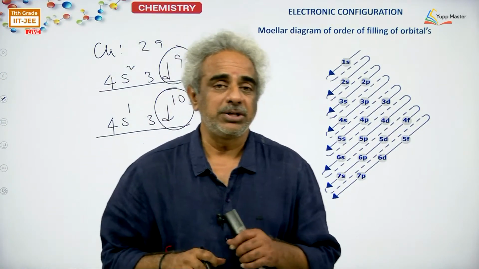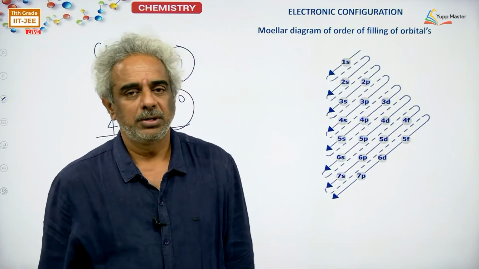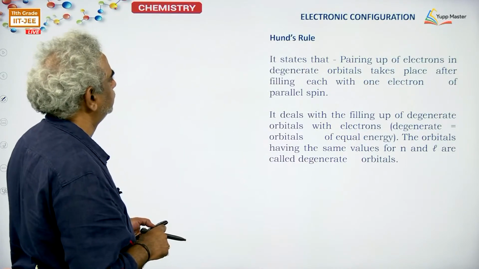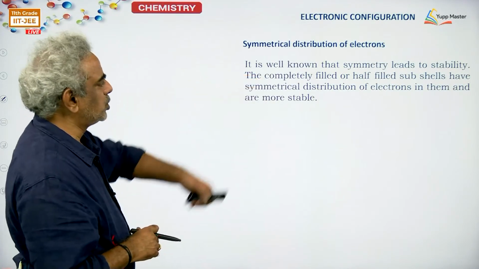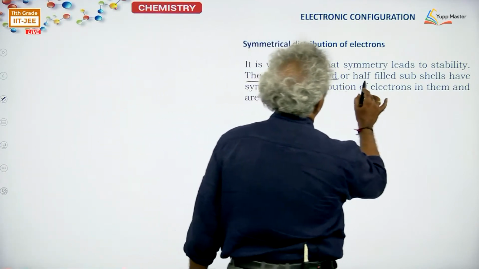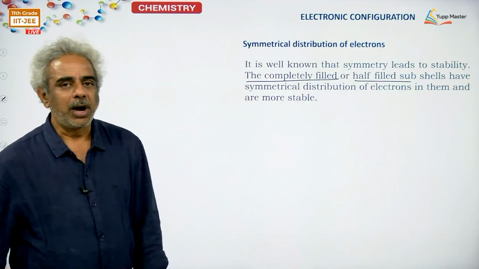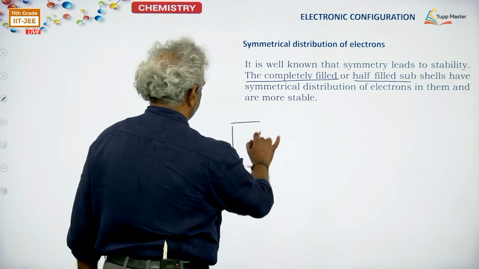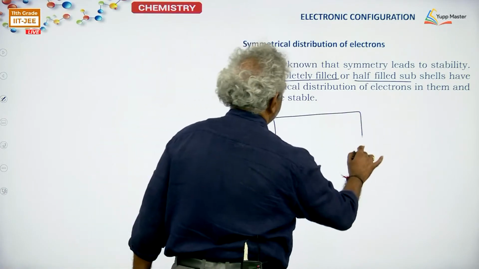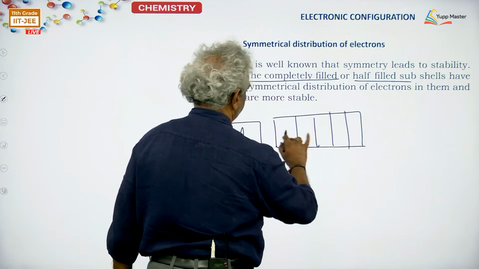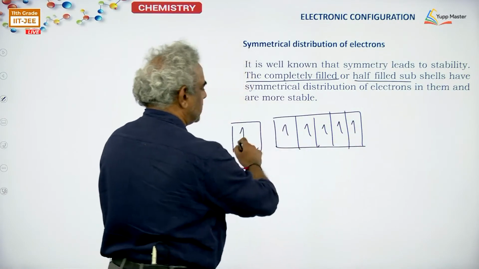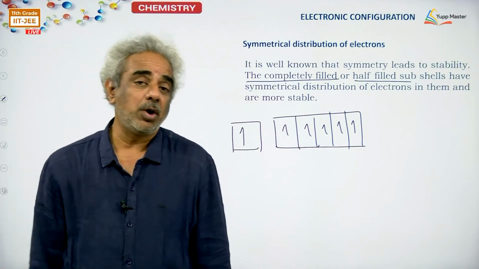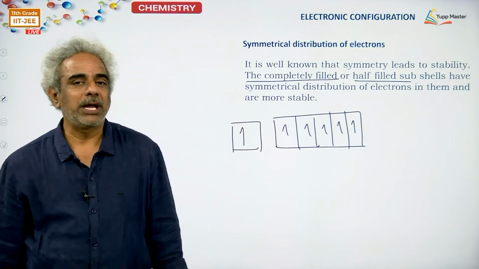Actually there is one more explanation for this, the electron exchange energy explanation. That can be done, we will see that. Symmetric distribution of electrons: completely filled and half filled subshells have slightly extra density, extra stability. See 4s1 3d5. So these electrons can exchange among themselves rapidly. That rapid exchange phenomenon will give extra stability. Who can exchange?